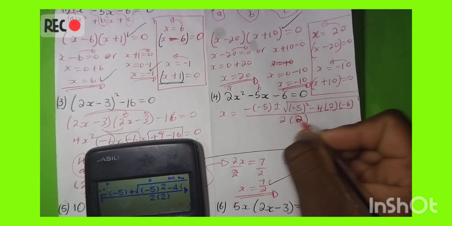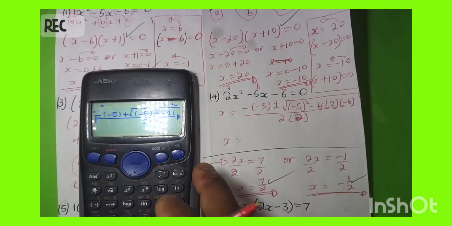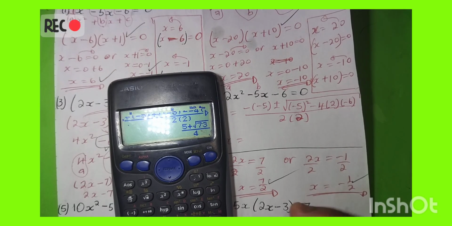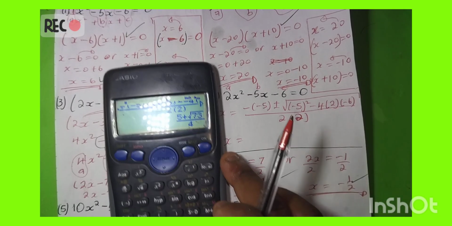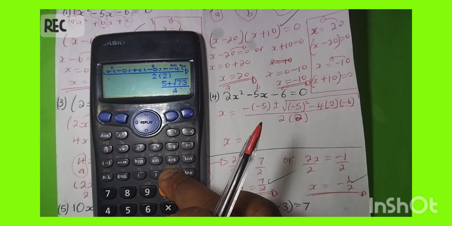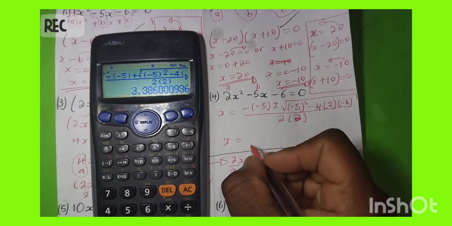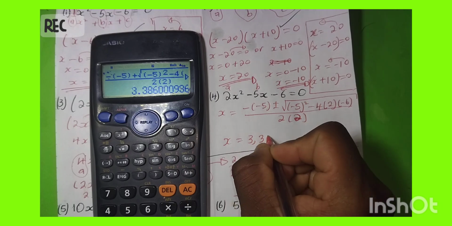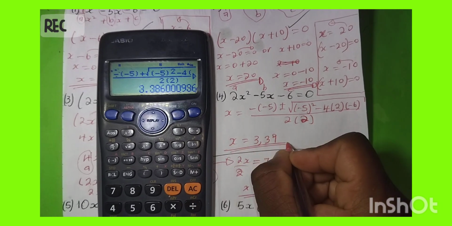Now I can see my first answer. I'll press SD, then round it off to 2 decimal places, which is 3.39. That's my first answer.